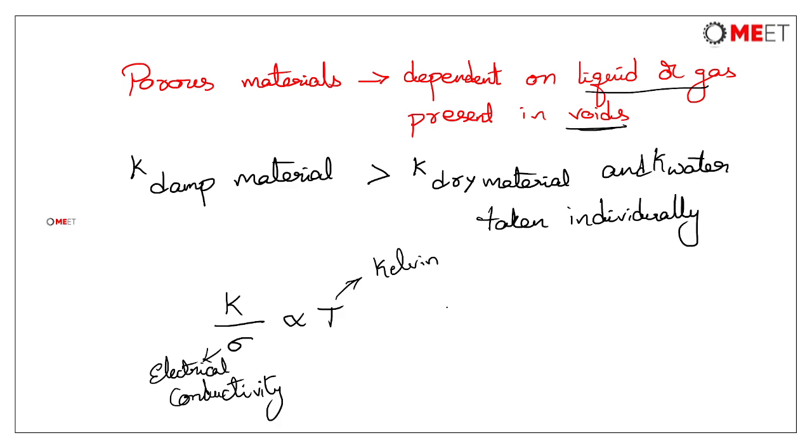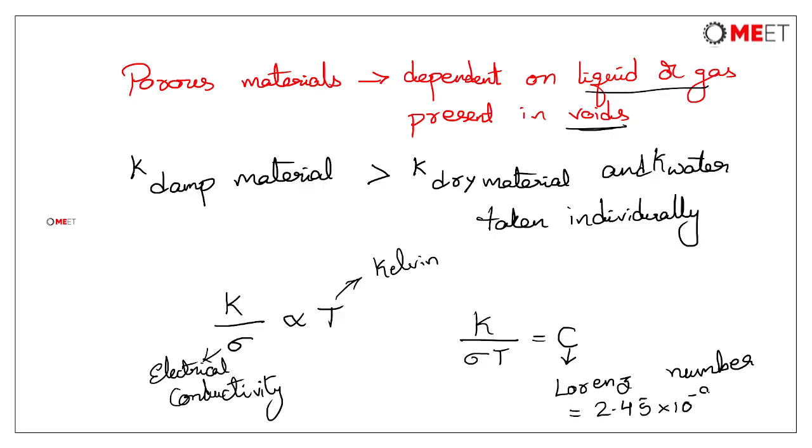So here we can write K by sigma into T is equal to a constant C. This constant is referred to as the Lorentz number, which is equal to 2.45 into 10 raised to the power minus 8 watt ohm per Kelvin square.